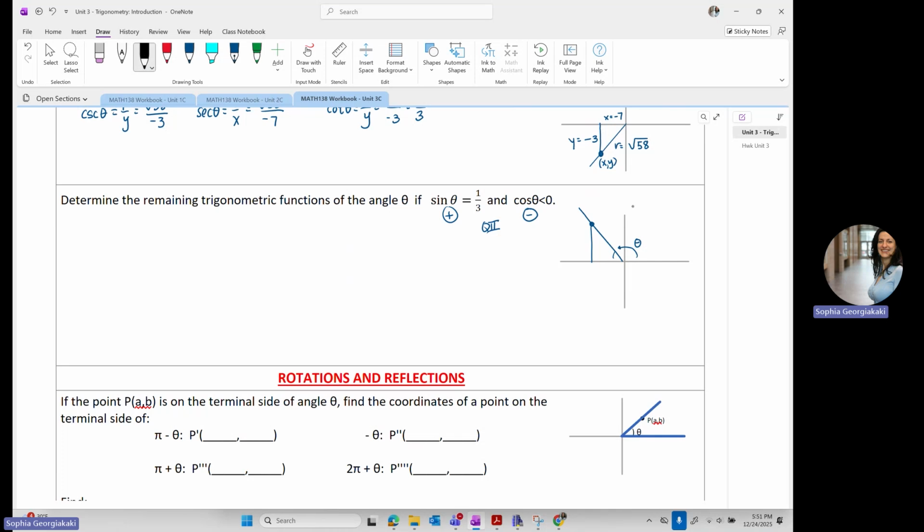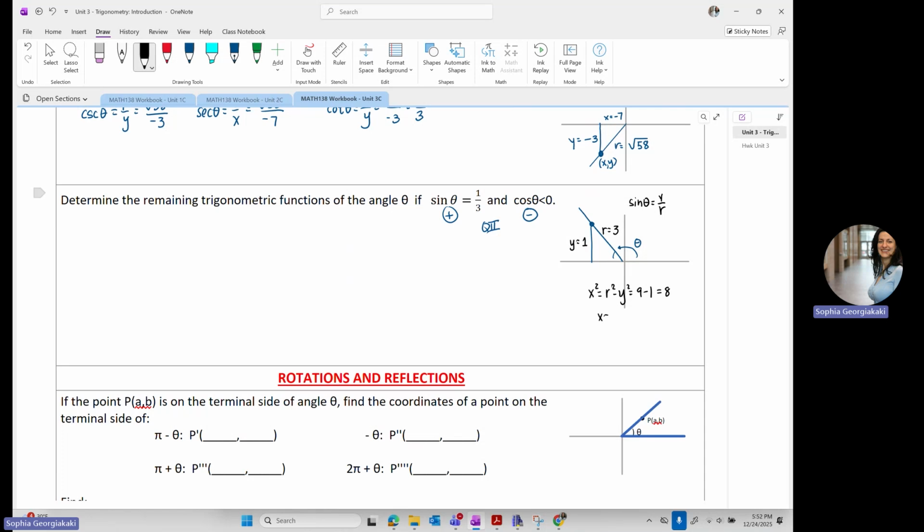The sine of theta is y over r. The y is positive and it's going to equal 1. The r is always positive and it's going to equal 3. I'm going to find x using the Pythagorean theorem. X squared will be r squared minus y squared, 9 minus 1, which is 8.